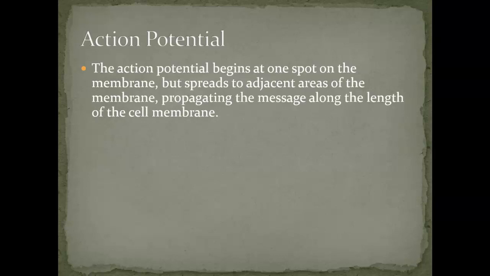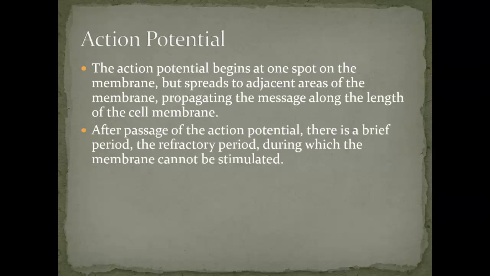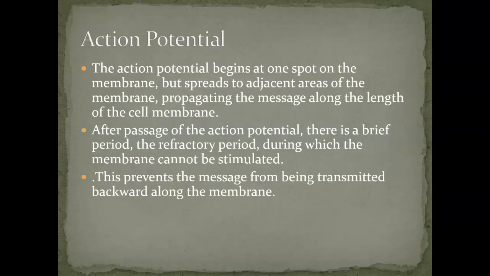And then the next section depolarizes and it can't be re-stimulated. And it causes that action potential to keep moving away from the original stimulus or starting point, so that the message, the action potential, propagates along the membrane. But that refractory period is where that membrane cannot be stimulated a second time.